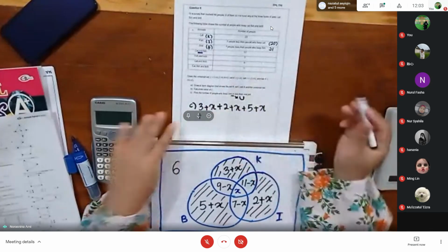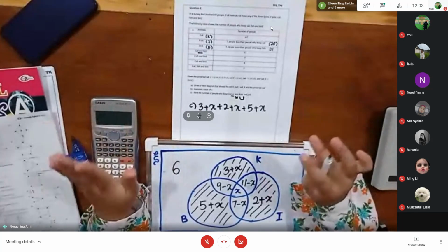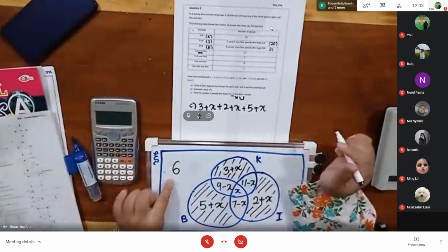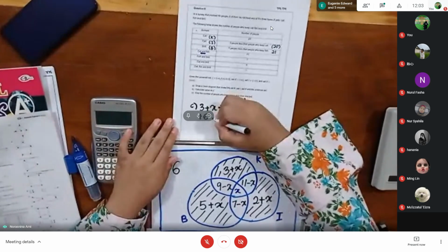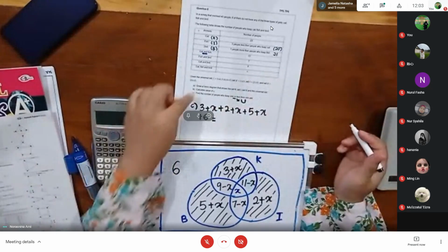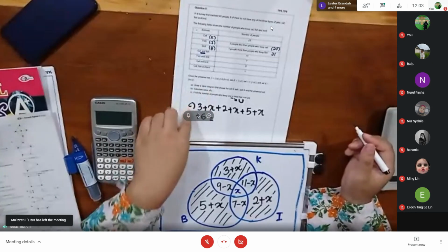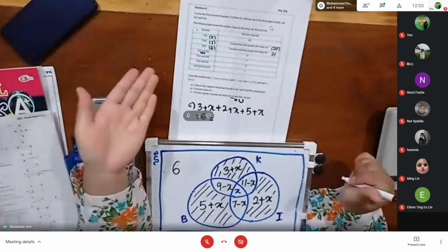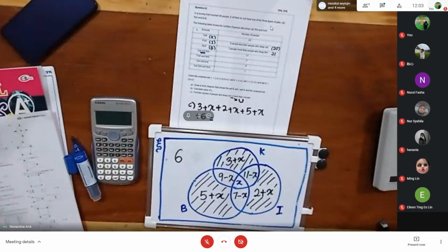If union, we must plus. Or the ones who keep less than one, which means that do not have any of these pets, which is 6. Okay, so we must plus 6 also. Then you find the answer. From B, you know the answer for x. Now you substitute the value of x inside this, so then you can determine the number of people who keep one or less than one pet. Understand?